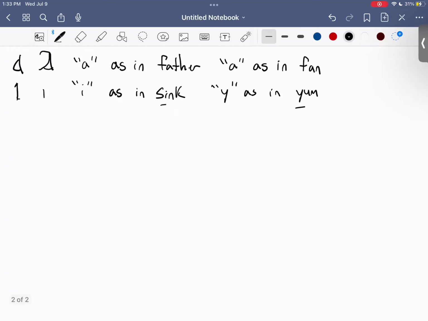The next vowel that we have that's not too difficult is O, and that one's going to be like this. Importantly, this one is short. It makes the O sound. The best way I can describe it, and I forget where I got this from, is O as in the British way of saying not.